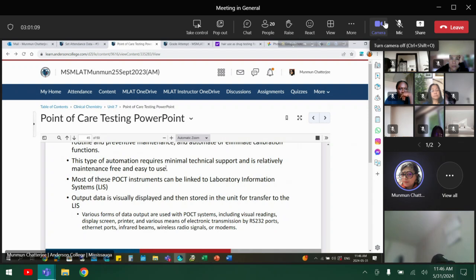It depends upon what type of analyzer you are using, but most POCT instruments can be linked to the laboratory information system. Nowadays they have improved, so you can transfer by USB and other means, and transfer the data directly to the LIS. Output data is visibly displayed and then stored in the unit to transfer to the LIS.